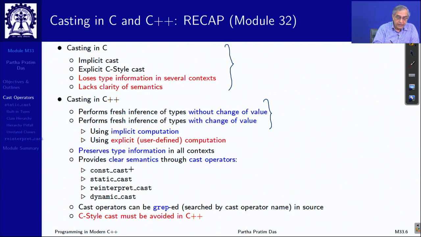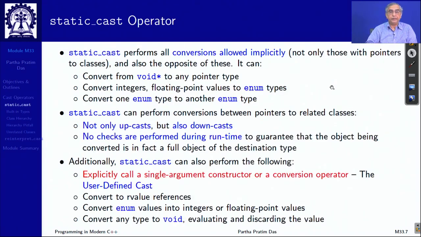So, we have seen the const cast. Today, we are going to discuss static cast and reinterpret cast, with the specific contexts in which they are useful. We start with the static cast operator, which in a way is a common C-equivalent casting in C++.